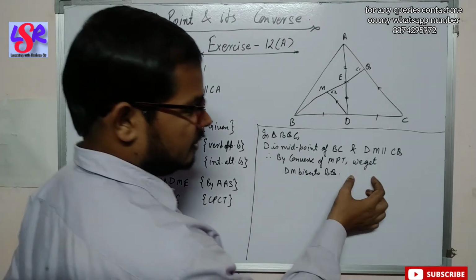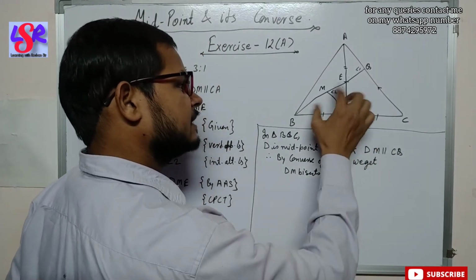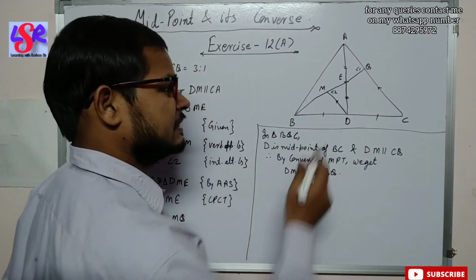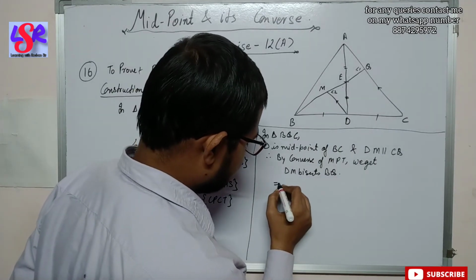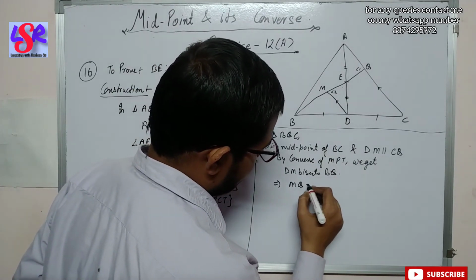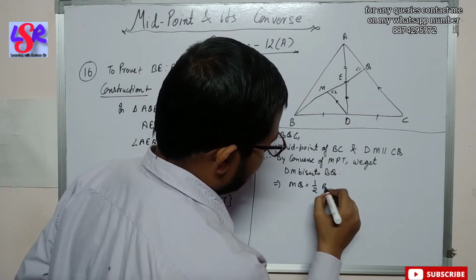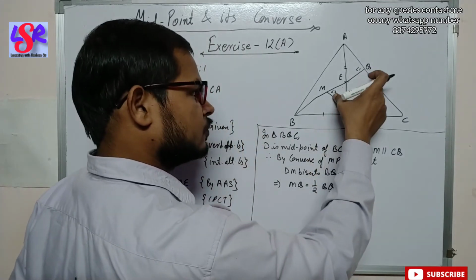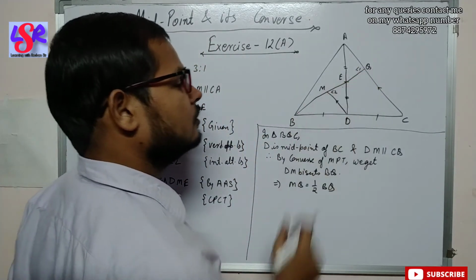So by the converse of the midpoint theorem we get DM bisects BQ, and as DM bisects BQ we can write MQ equals half of BQ. So this portion MQ is half of this whole BQ.